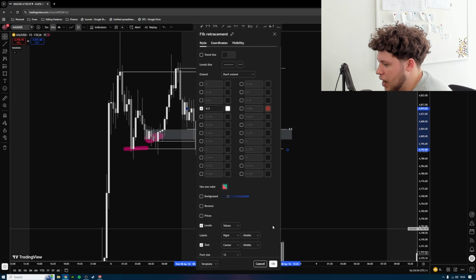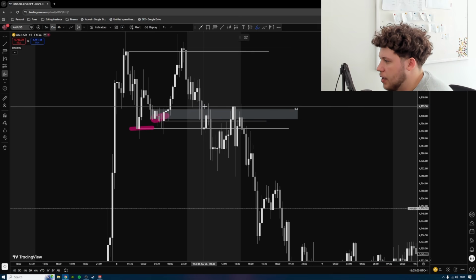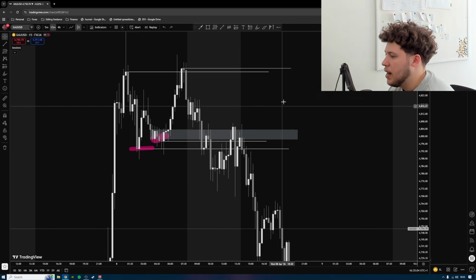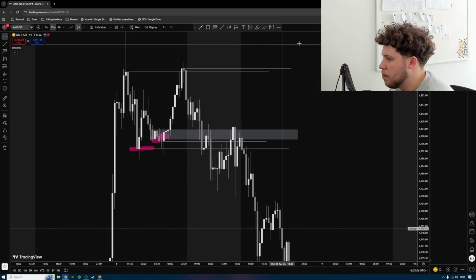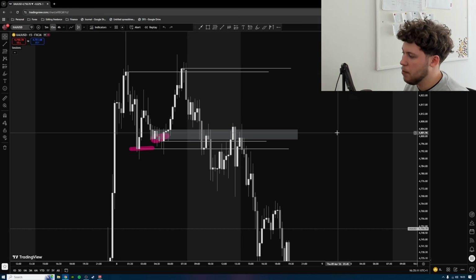There we go. You can see that it comes into the premium zone to get your sell up here. It doesn't really matter. It depends what you trade. Now, you want to keep it the same as your strategy. So whatever you use as your actual strategy, just use the same.